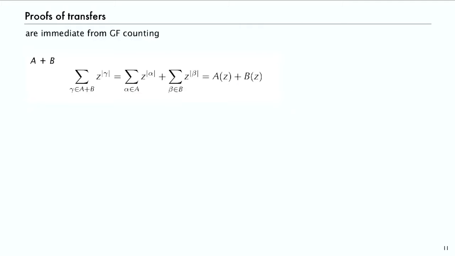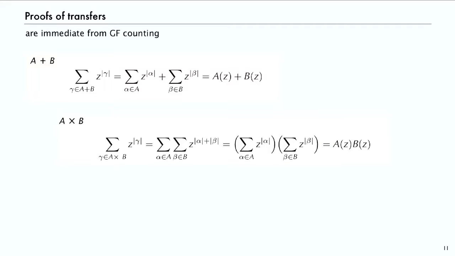And these are the proofs, and these are very straightforward from the kind of generating function counting arguments that we did when we talked about generating functions. If gamma belongs to A plus B, then they're disjoint copies, so some of them belong to A, some of them belong to B. You split the sum in those 2 ways, and you have A of Z plus B of Z. For cross product, that's a convolution.